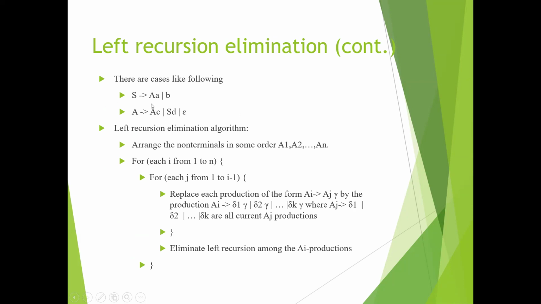The first production, S which produces A or B, does not contain left recursion, but the production A which produces AC or SD contains left recursion, as the left hand side non-terminal A is the same as the right hand side of that non-terminal. So with the help of the algorithm, we have to remove the left recursion.